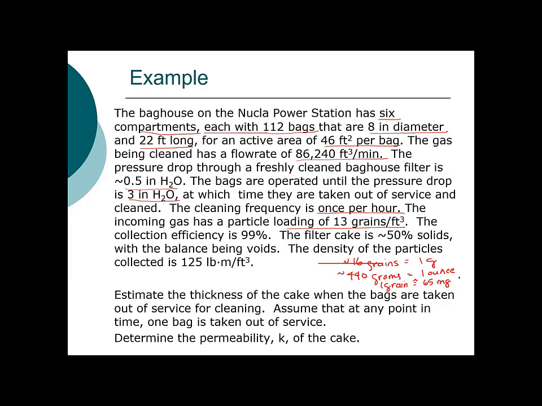We'll assume that at any point in time, 1 compartment is out of service. So while we have 6 compartments, we'll operate with 5 at any point in time. And the temperature of the gas is 150 degrees C or 302 degrees Fahrenheit.